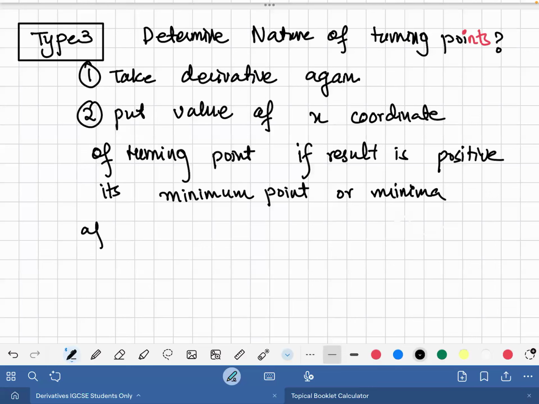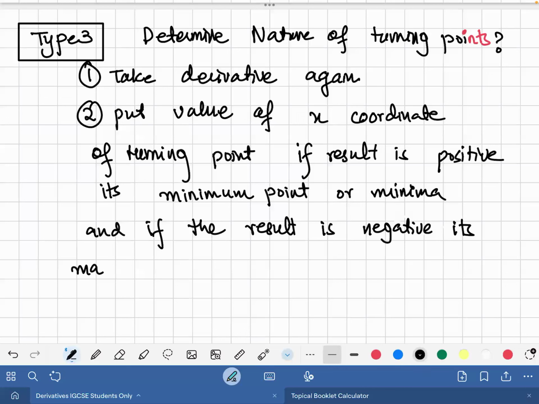And if the result is negative, it's a maximum point or maxima.